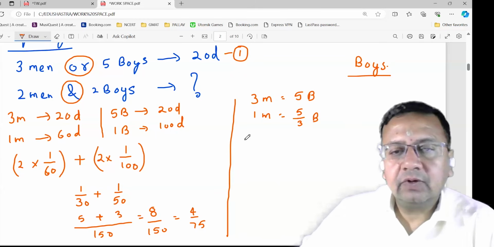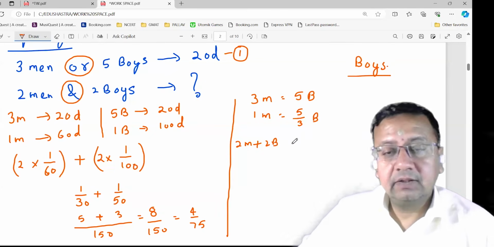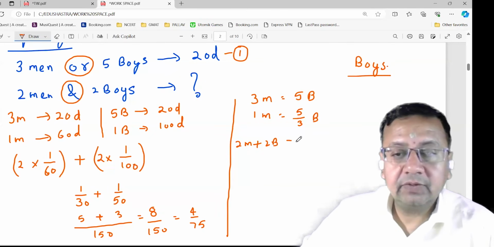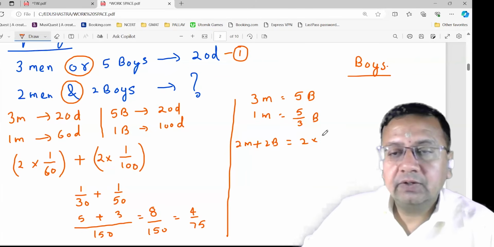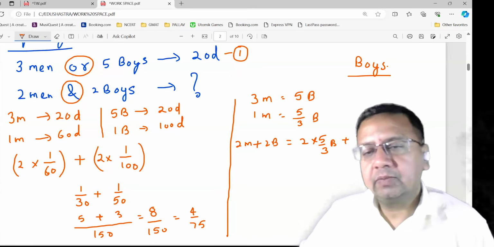सो आई वांट व्हाट, 2 men plus 2 boys, है ना? बट 1 man is equal to 5 by 3 of boys, so 2 into 5 by 3 of boys plus 2 boys. So how much total boys?